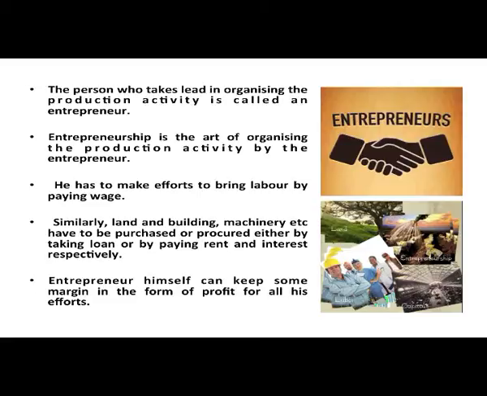Entrepreneurship is the art of organizing the production activity by the entrepreneur. He has to make efforts to bring labor by paying wage. Similarly, land and building and machinery have to be purchased or procured either by taking loan or by paying rent and interest respectively. An entrepreneur himself can keep some margin in the form of profit for all his efforts.